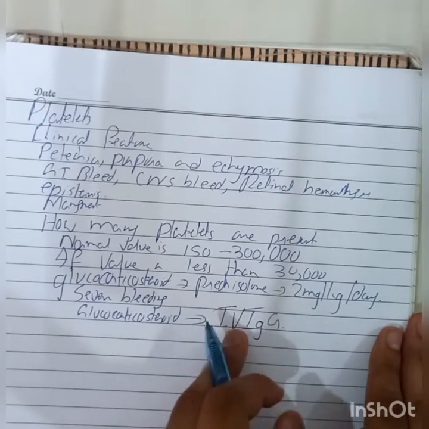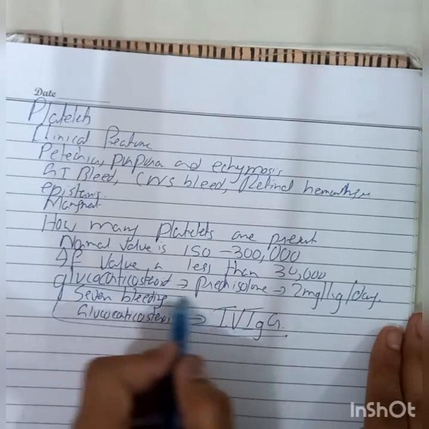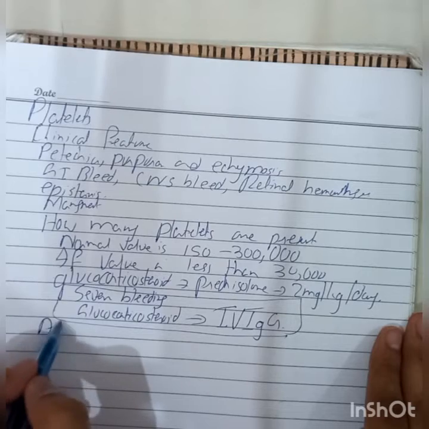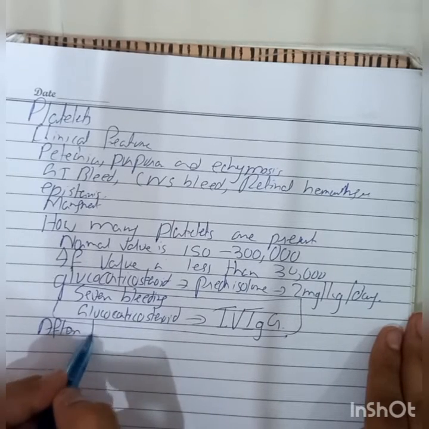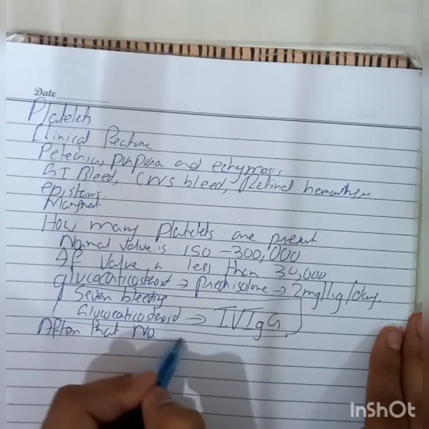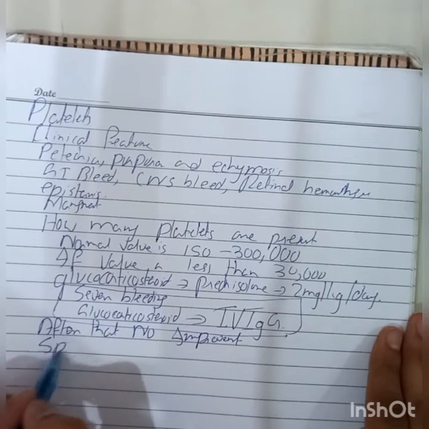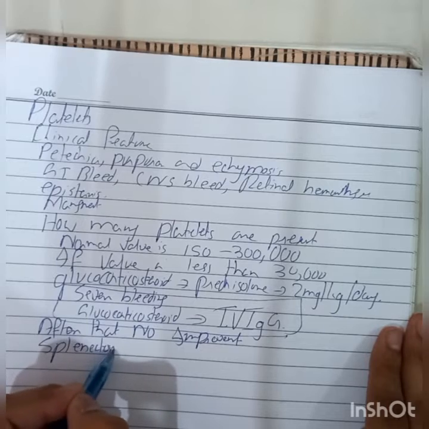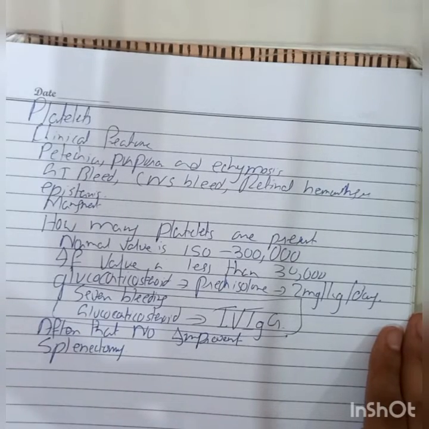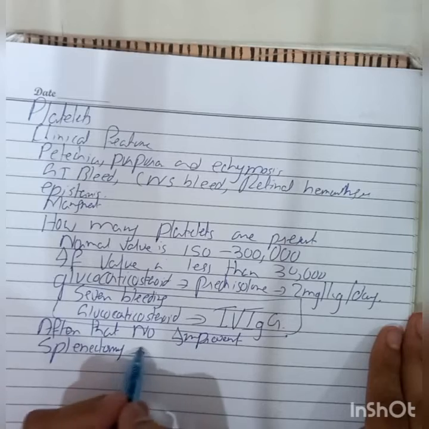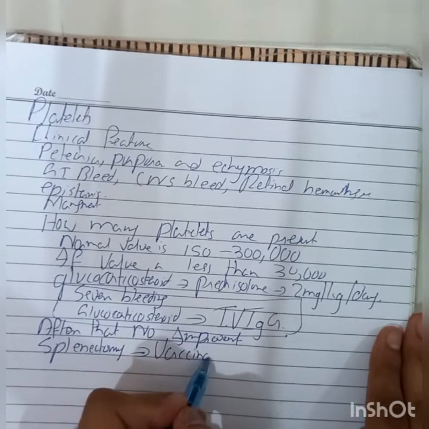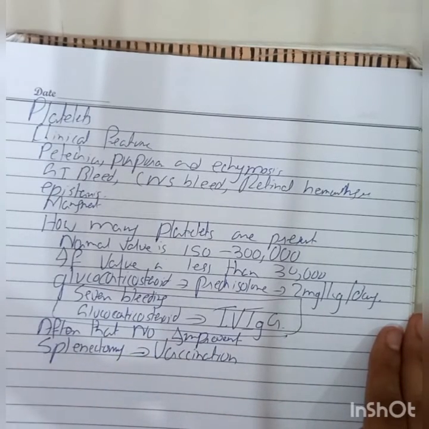Okay, if we give all these things and after that there is no improvement, you have to do splenectomy. But before splenectomy, you have to vaccinate the patient, because the spleen has a very important role in defending against organisms which are very harmful to the person.